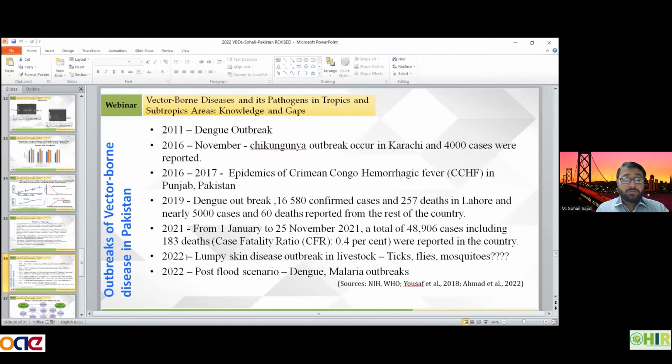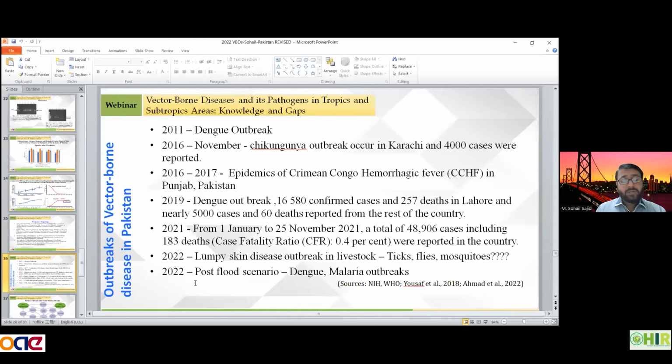And now in 2022, we have 2 major threats, which is the lumpy skin disease outbreak in the livestock. We still are not sure, but the project that is recently shortlisted will cover this aspect too, what kind of vectors could be involved in the transmission of lumpy skin disease to the livestock. And the second threat, which we are going through right now, is the flood.